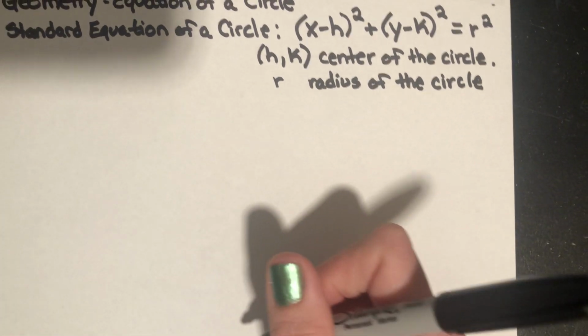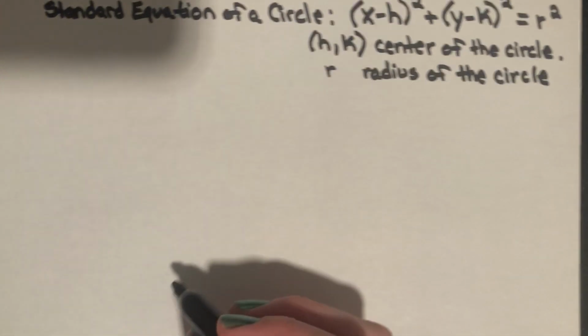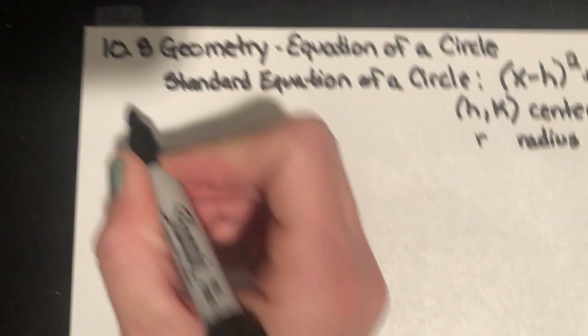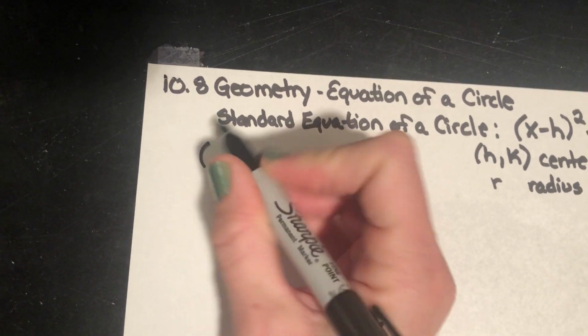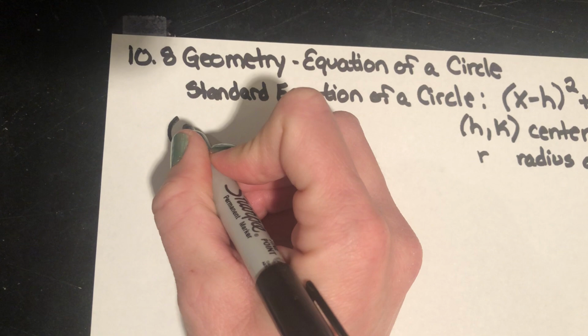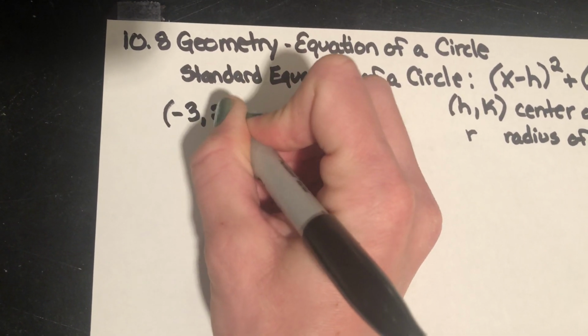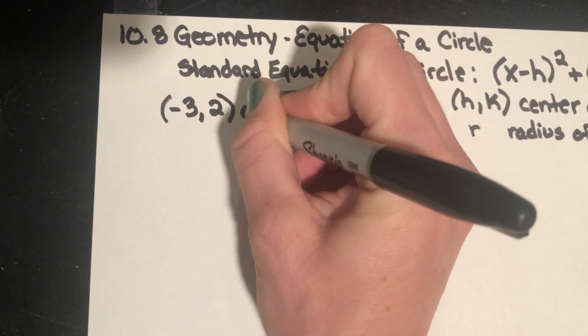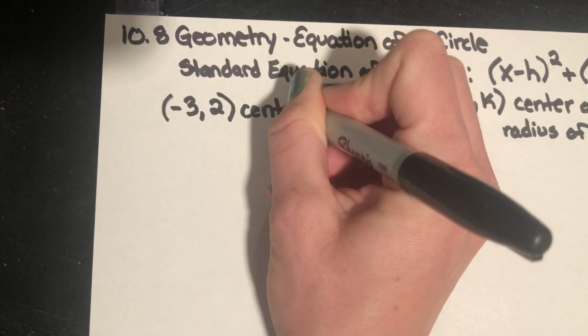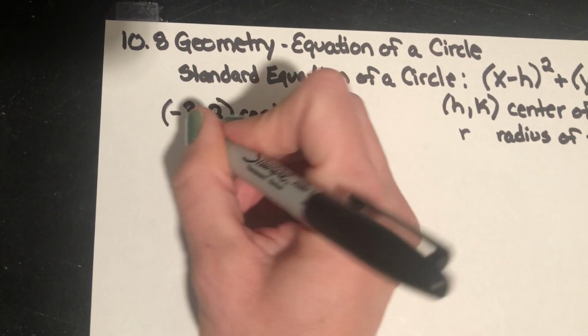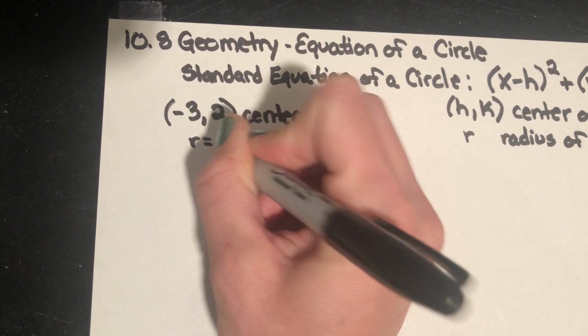For example, let's say we have (-3, 2) as the center of a circle, and the radius is 5.